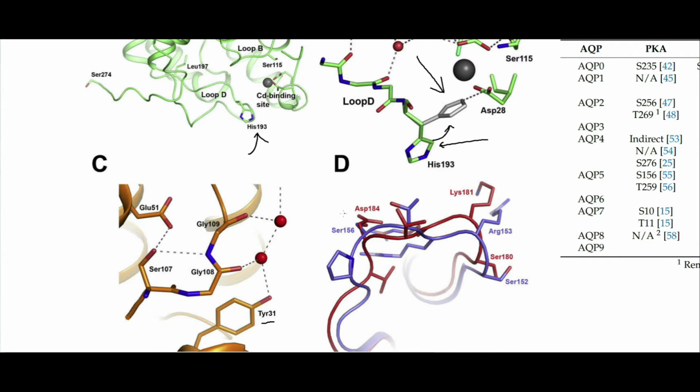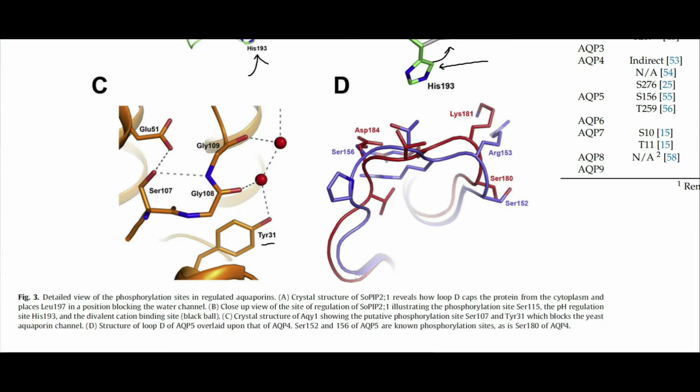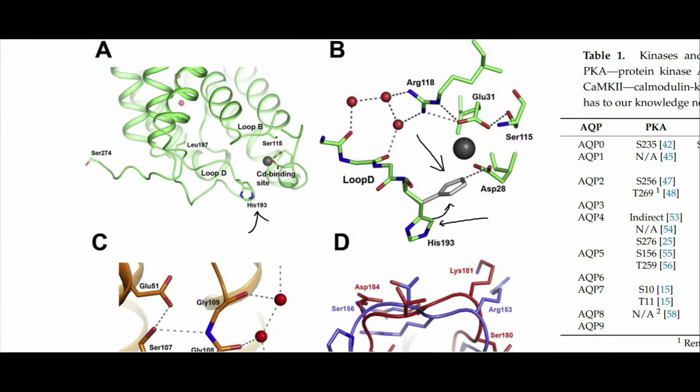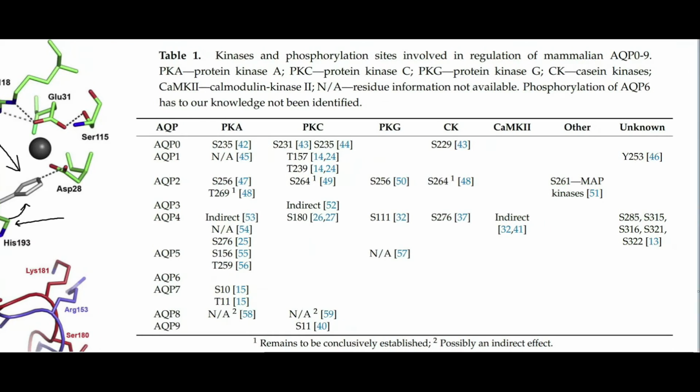And so what this is talking about is that these things are done through phosphorylations. So phosphorylations of serine 115, and there's also pH regulation. So like the histidine 193 is regulated by pH. And I actually have this table from a different paper here.